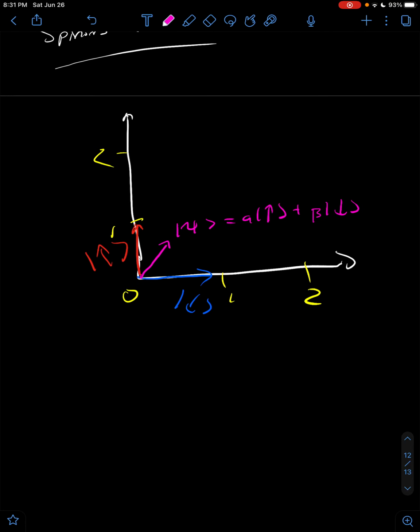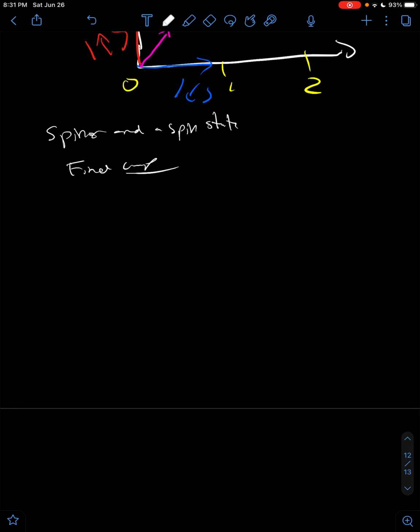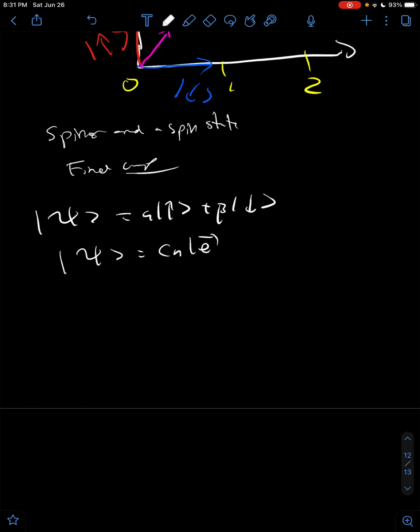So yeah, that's pretty much it. Oh, one more thing. We can actually prove that, given a spinor and a spin state, we can find the components. So let's do that. A spinor is a combination of spin up and spin down. Again, we can write that in the abstract form.